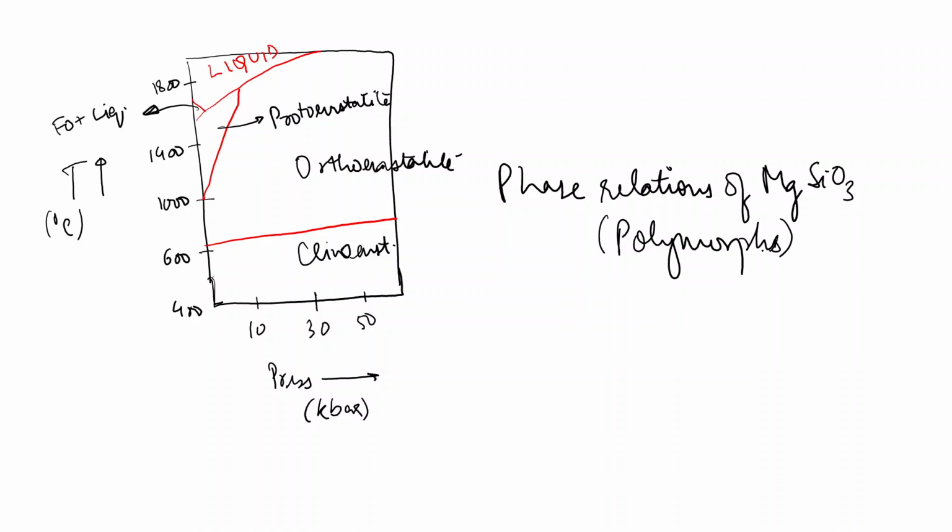So clinoenstatite is the stable low temperature polymorph, very close to 600 degrees Celsius. The members of clinoenstatite, clinoferrosilite, are uncommon but occur in some igneous and metamorphic rocks. Okay, and they are sometimes also in meteorites.